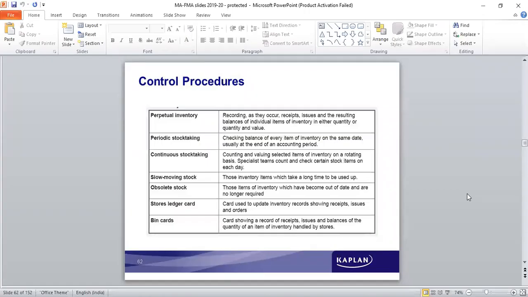Also, so we've learned about what are the types of verifying what is the stock which is present.